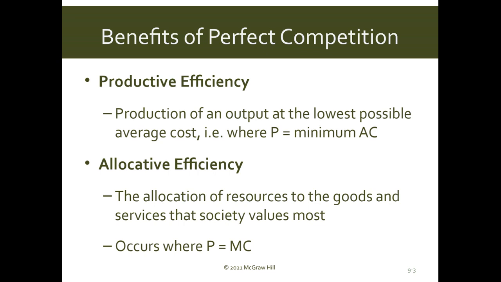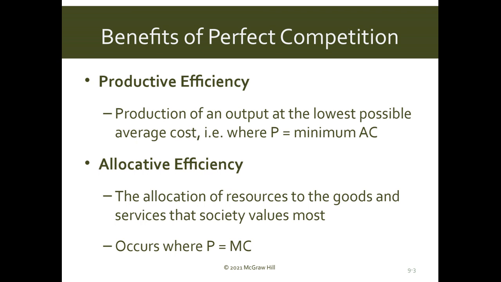So these are the two basic concepts, and we will actually evaluate each market structure on the basis of these two terms. One is called productive efficiency, and the other one is allocative efficiency.